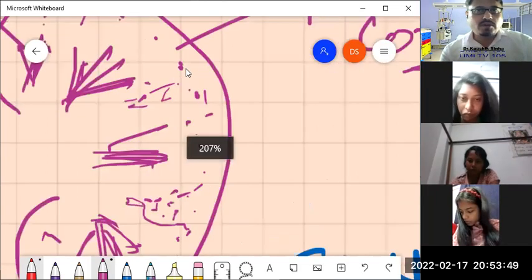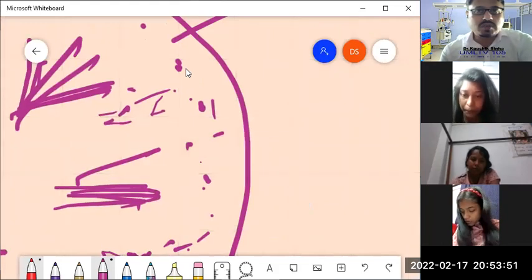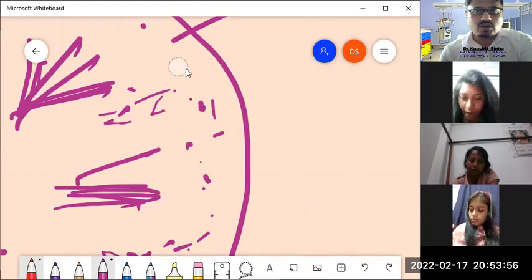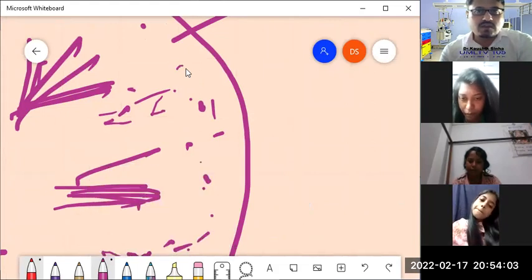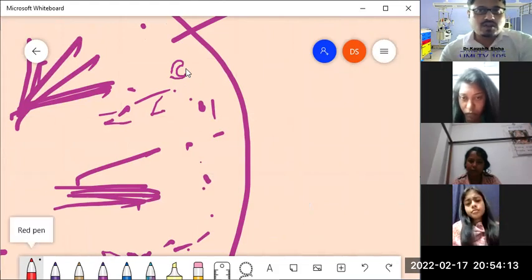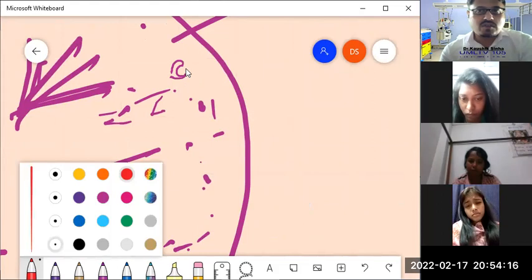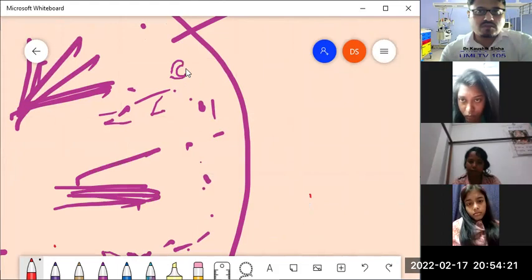At one point, these dots will appear, I'm erasing one dot to show you the exact appearance, as having the shape of the Bowman's capsule, inside which there is this tuft of capillaries.